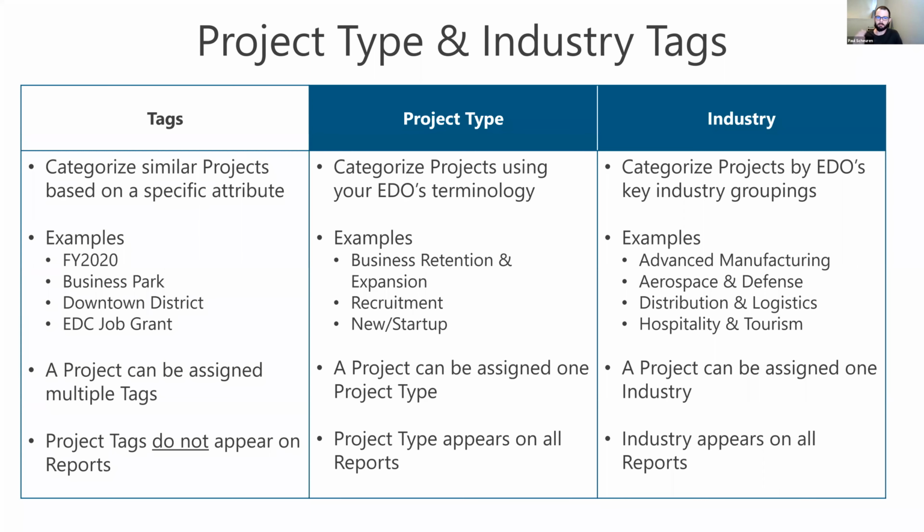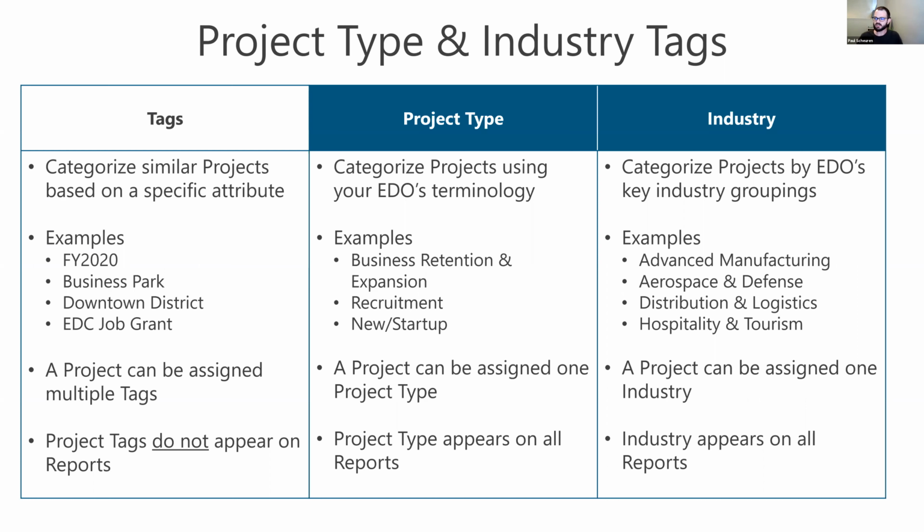There's a million different examples we could give there, and everybody's going to have their own terminology, so we did not build in any industries for you in advance. We have a dummy placeholder, and we want you to go in and enter your key industries. We'll show you what that looks like in just a few minutes, where you would do that, and how you would make those changes.